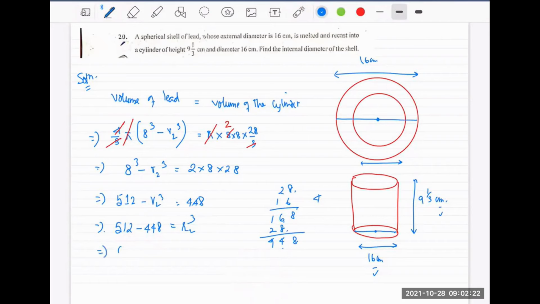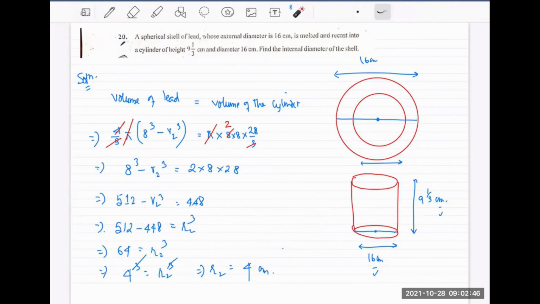So left hand side, we are going to put 64. 64 is 4 cube. 4 4s are 16, 16 4s are 64. So 64 is 4 cube is equal to R2 cube. You cancel the cube and cube. What is left then? R2 is equal to 4 centimeter.